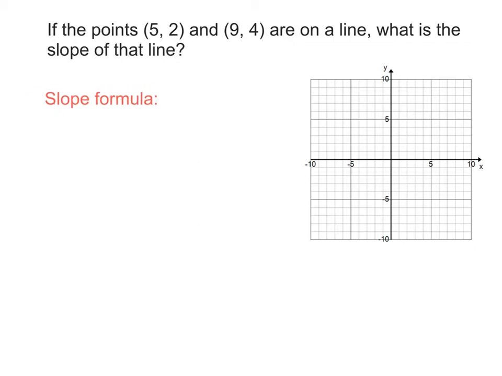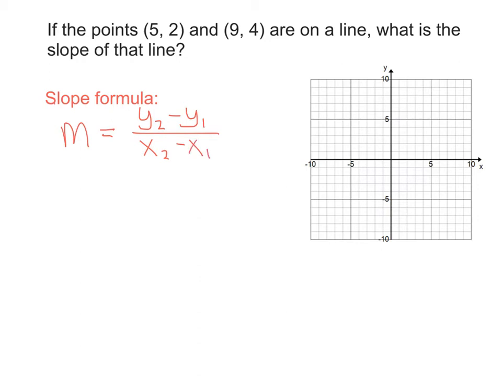All right, so the slope formula looks like this. It's m, which is our slope. We know about m now. Slope, or m, equals the y-coordinate of the second point minus the y-coordinate of the first point divided by the x-coordinate of our second point minus the x-coordinate of our first point.